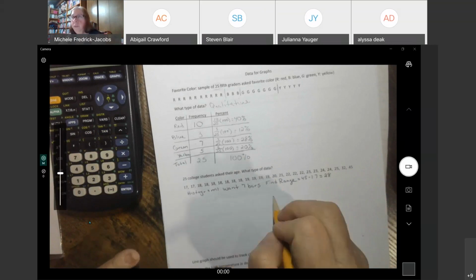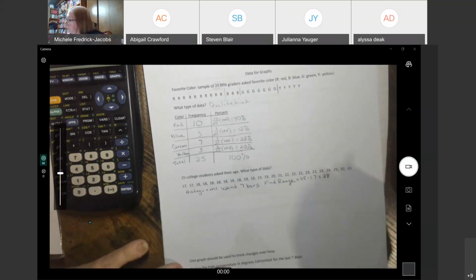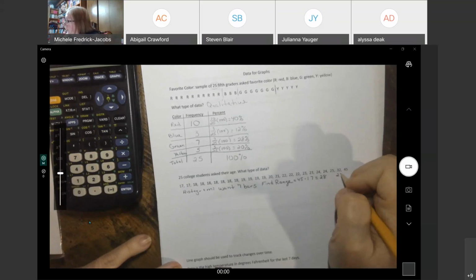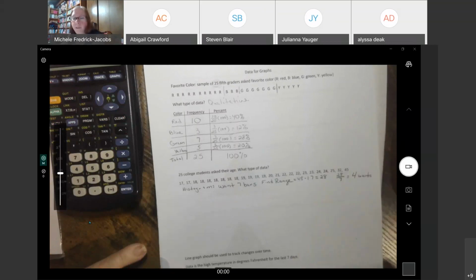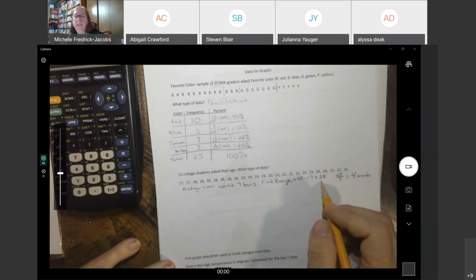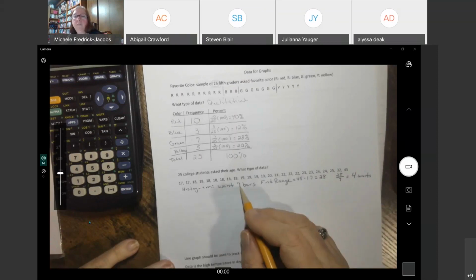If you can choose, pick one that will work out. And that's why I chose 7. I want to count by 4 units. You take your range and divide by the number of bars that you want.